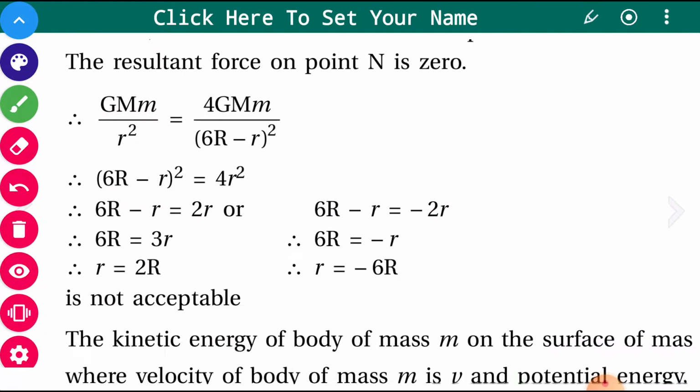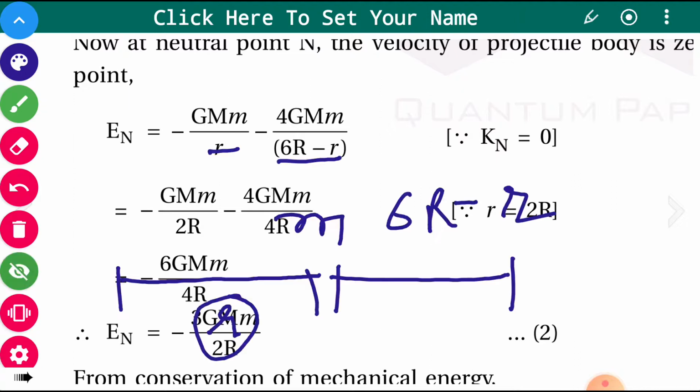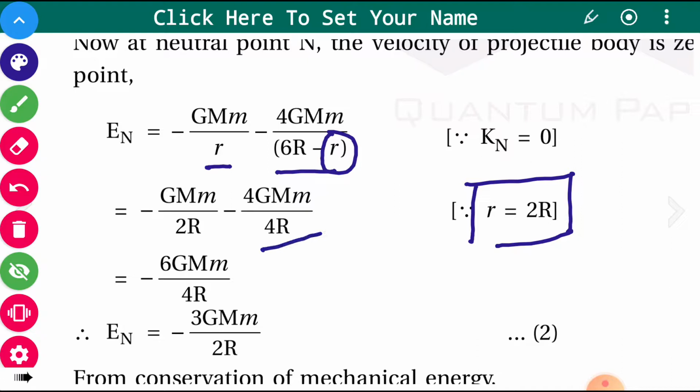So potential energy at neutral point is minus GMm upon r minus 4GMm upon 6r minus r, and r we have already calculated as 2r. So instead of small r we write 2r, so this becomes 4r, and if you simplify this, it results in minus 3GMm upon 2r.